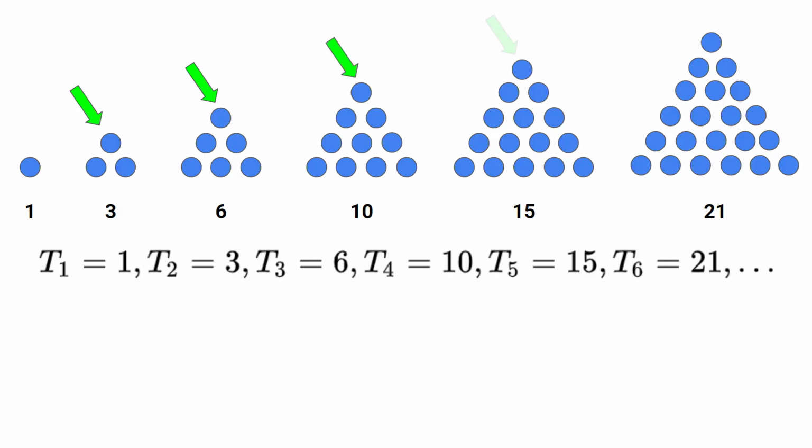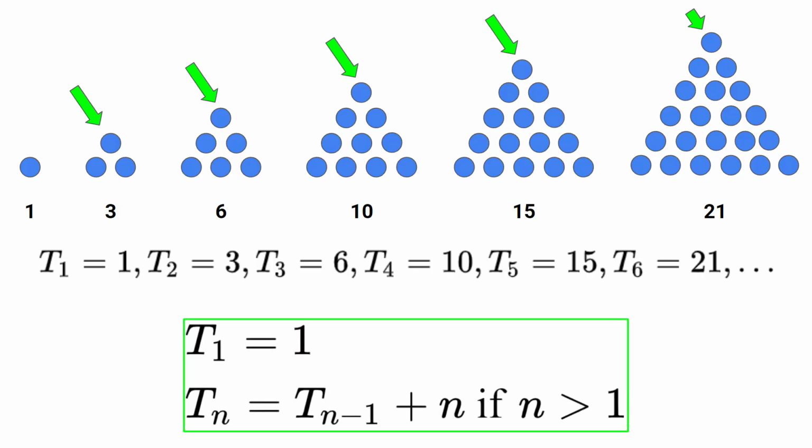I think I'm beginning to understand the pattern here. At stage n, I get t_n by dropping back to the previous stage, n minus 1, and adding n circles. So t_n should be t_(n-1) plus n. That seems to be the right recurrence relation, but I still need the initial condition, and that's t_1 equals 1.